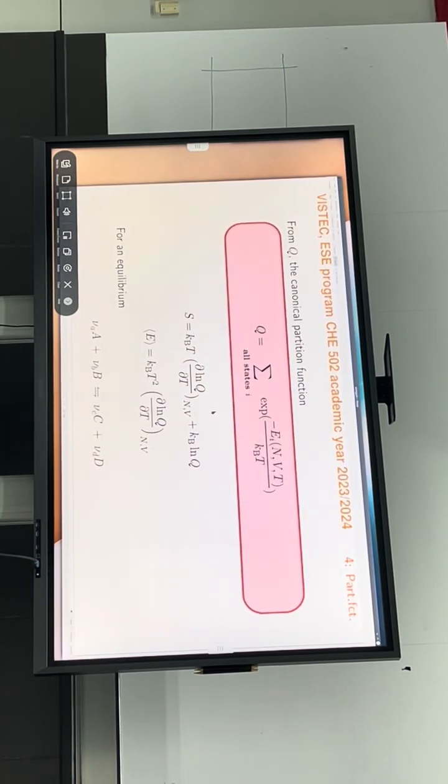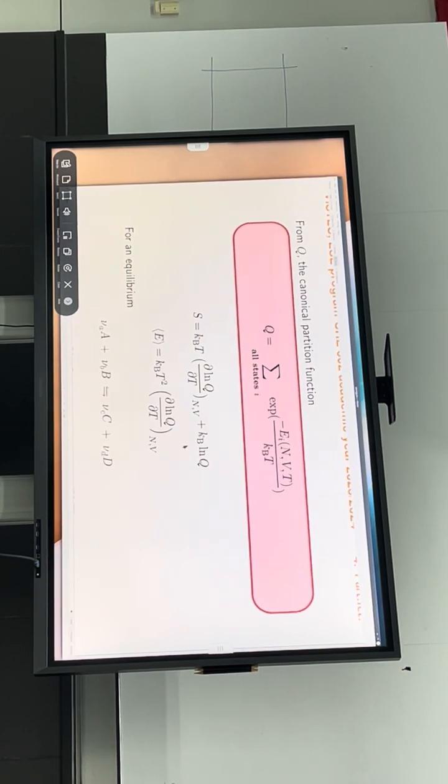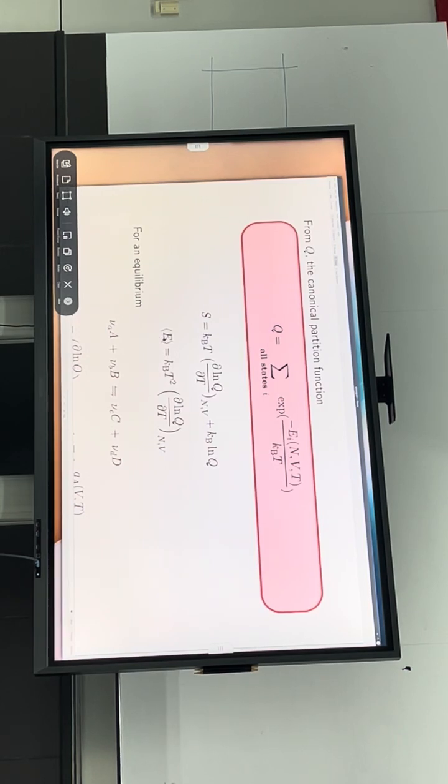Okay, and for this partition function, of course, there are relations between the partition function and observables. So here I've written the relation between the canonical partition function and entropy, but you can also write the same for the average energy. Only average energy, because the energy fluctuates, right?